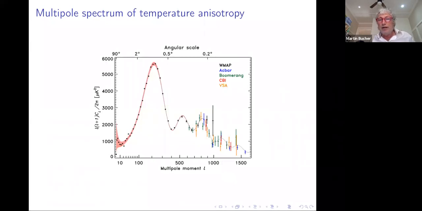Okay. Well, I was going to talk about observations next time, but I'll just put in this rather old slide to show you how to plot the observations. So you see these multipole moments, and they're multiplied by l(l+1).